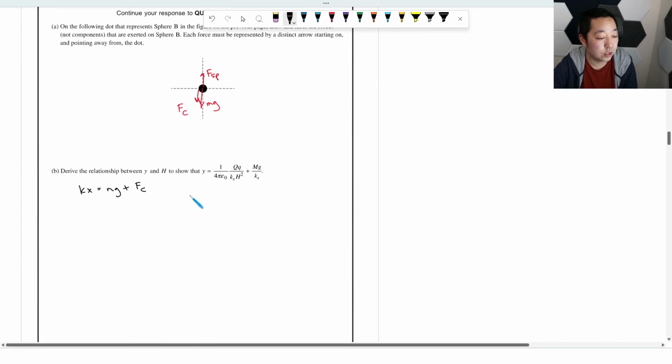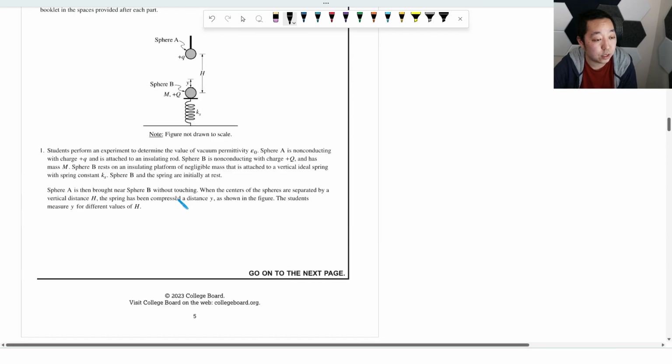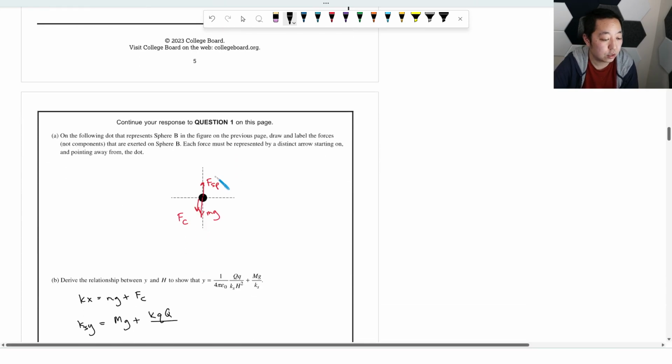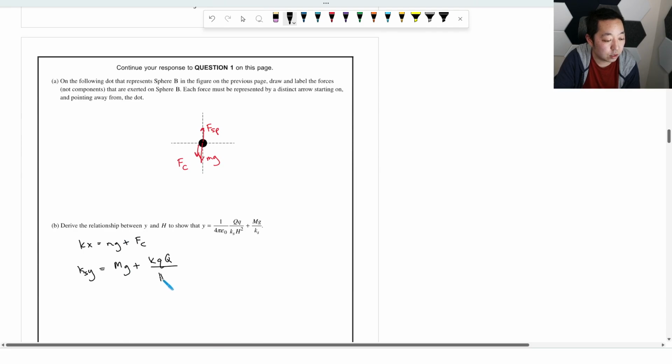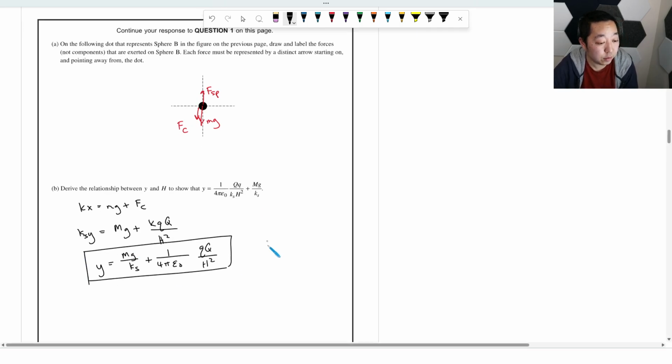So Ks times y is equal to m times g plus the Coulomb force, which is k q Q over the distance between the two spheres, h squared. Then you just divide by Ks. You get mg over Ks plus, and then instead of k, there's 1 over 4 pi epsilon naught, q Q over h squared. Okay, so pretty straightforward there.